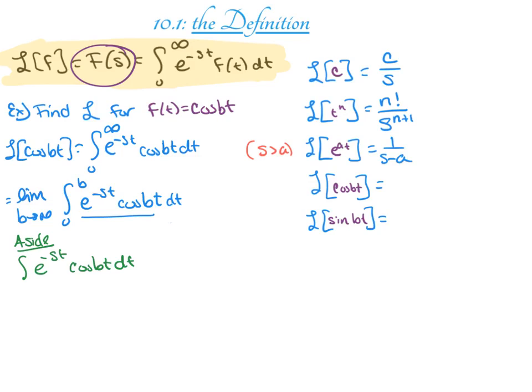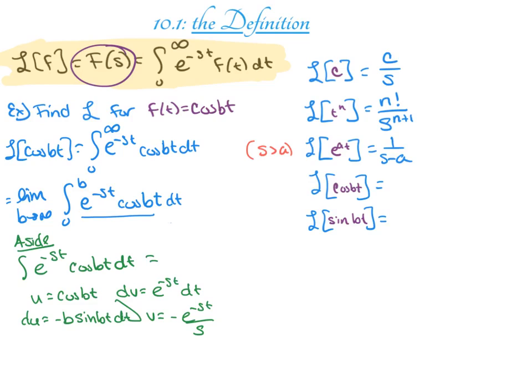Okay, so integration by parts. When I did this one, I chose my u to be cosine and the dv to be e to the negative st dt. Doesn't matter which one you choose, I just picked this one. So du is negative b sine bt dt, and v is negative e to the negative st over s.